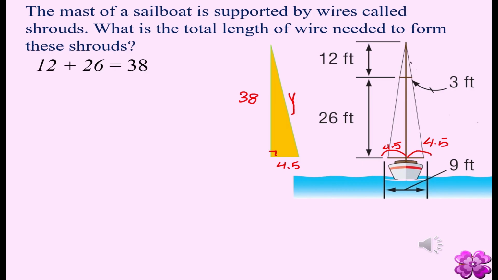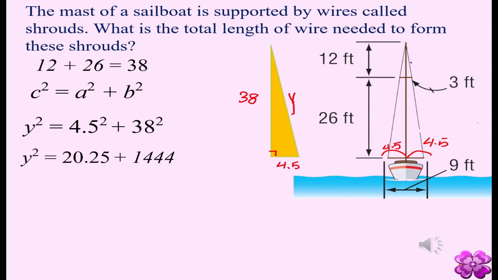Now let's plug those values in the formula. We have the Pythagorean formula, c squared equals a squared plus b squared. Just plug the values. So therefore, the hypotenuse is y. Therefore, y squared is equal to 4.5 to the 2 plus this leg, which is 38 raised to the 2.